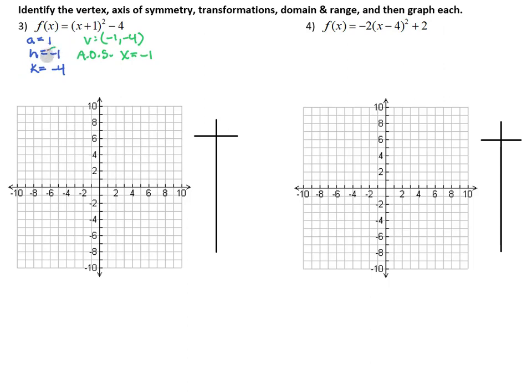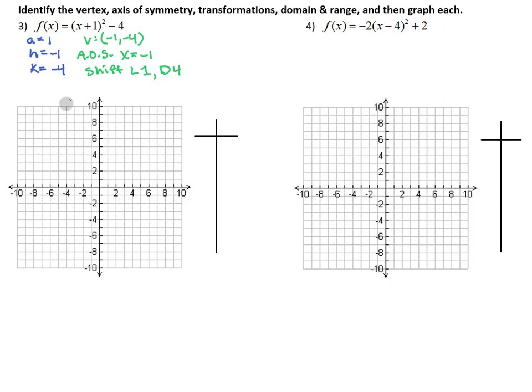But we do have some shifting going on here with H and K. So H is our horizontal shift, and an H value of negative 1 is a shift left 1. And my K value is my vertical shift, and a negative number means down. So we've been shifted down 4. Okay, so let's go ahead and start graphing this. So those are my only transformations this time, as I shift left 1, down 4.